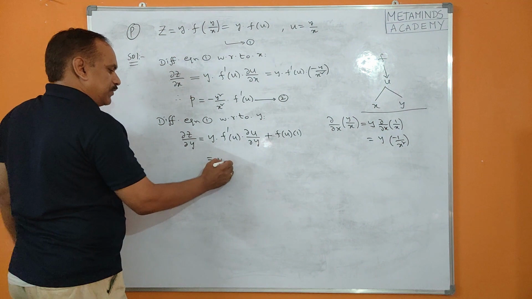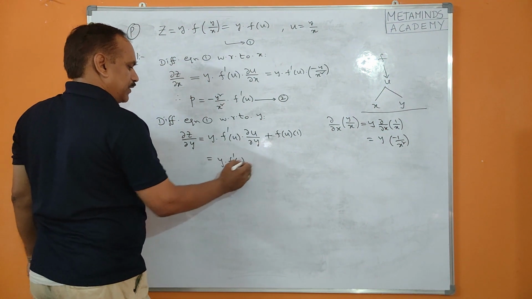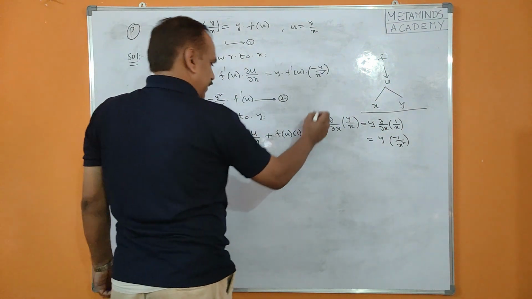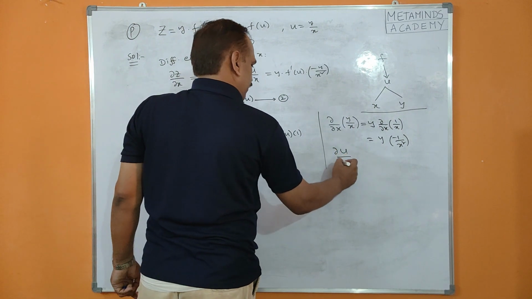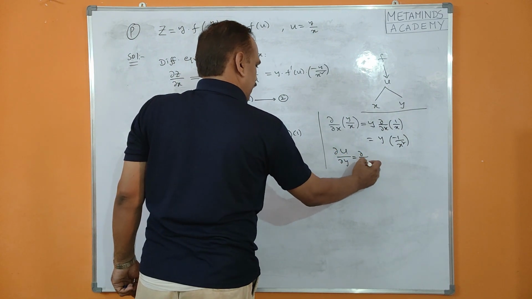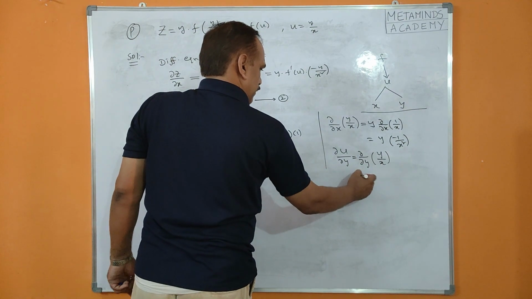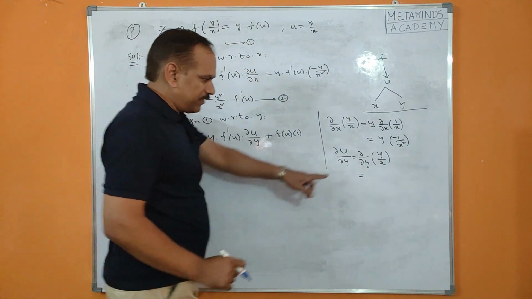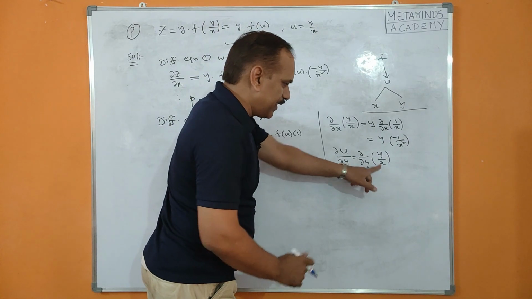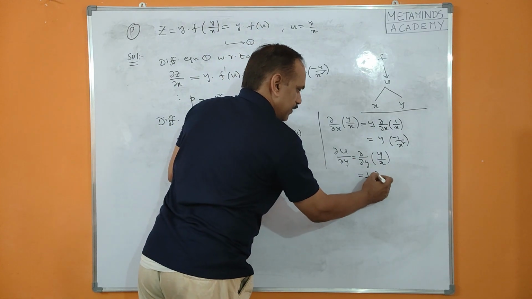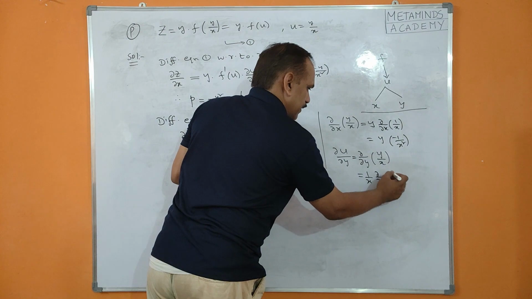So it is y into f dash of u into, what is dou u by dou y? Dou u by dou y is dou by dou y of y by x. Now we are differentiating with respect to y, and 1 by x is a constant, you can take it out. Dou by dou y of y is 1.